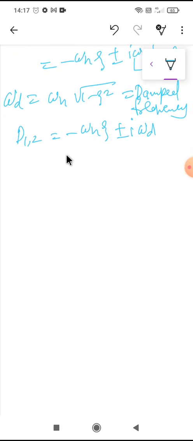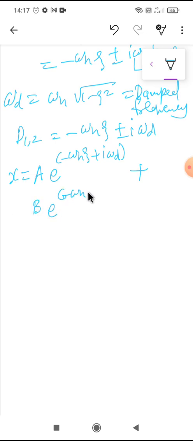We'll get x is equal to a e raised to minus omega n zeta plus i omega d, plus b e raised to minus omega n zeta minus i omega d.